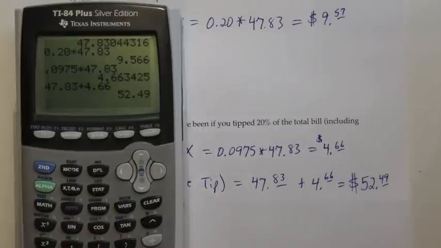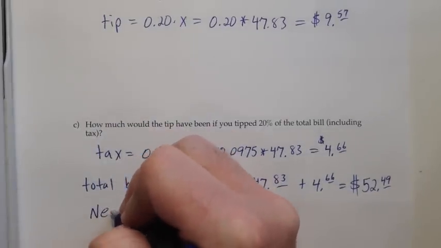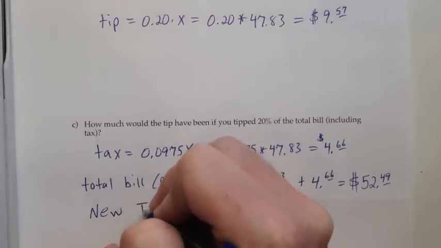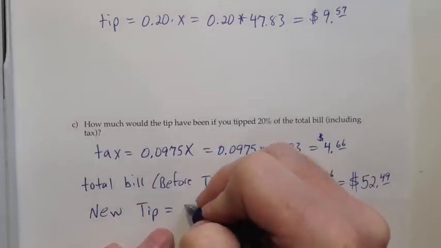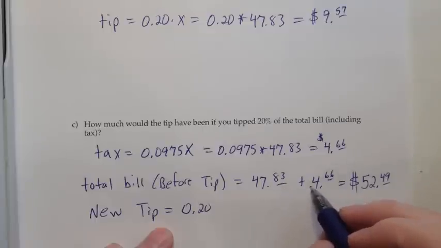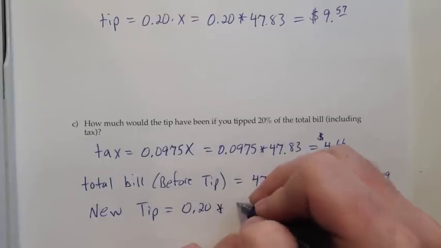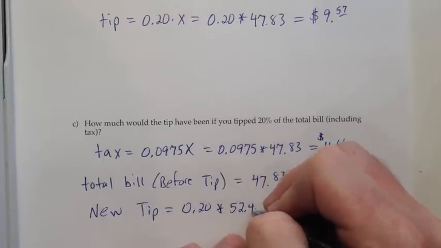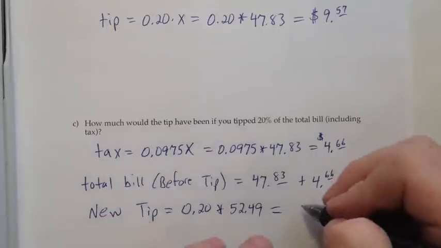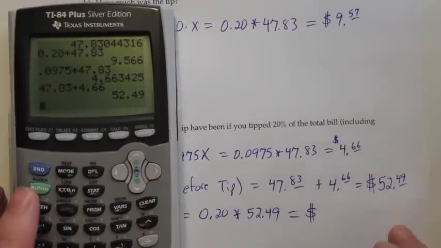And if we decided to make our tip based on that, so we'll call this a new tip because it's a different calculation than the one above. If we decided to do 20% of the total of tax and the original bill, it'd be 20% of $52.49. And let's see if that would be the same or different as doing it before tax.